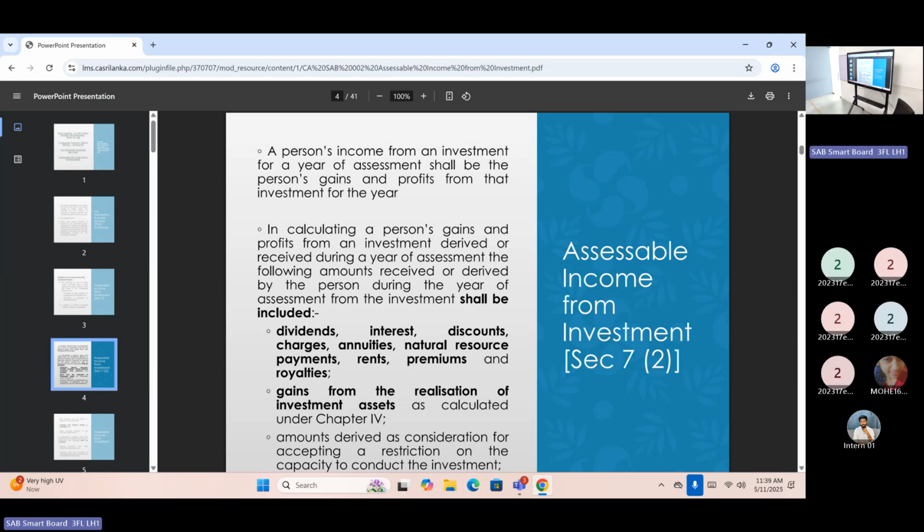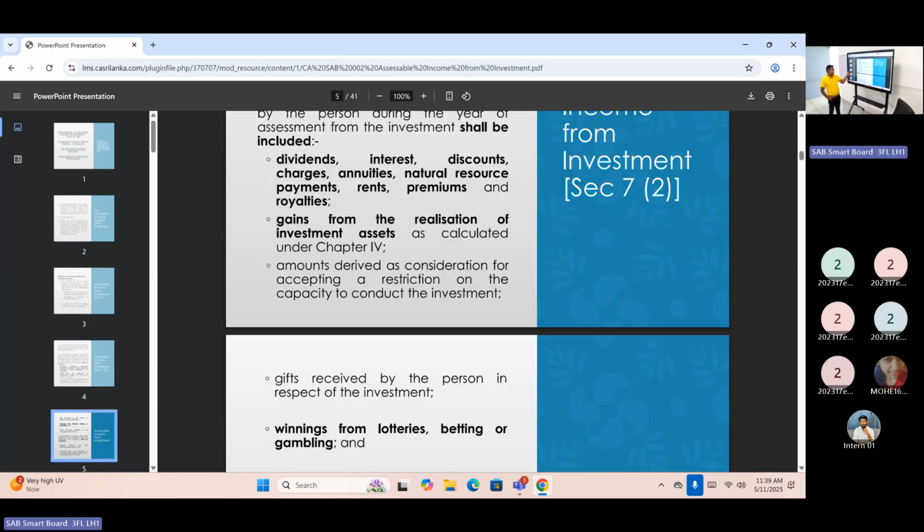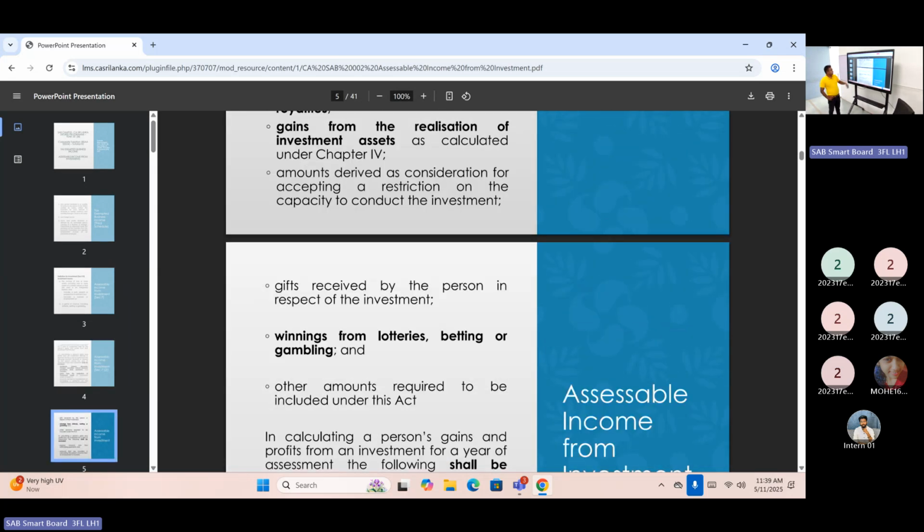Right? Amount derived as a consideration for accepting restriction on the capacity of the investment, that also needs to be included. Gift received by the person in respect of investment. Let's say we put money in a bank as an FD and we are getting a gift, that is also part and parcel of our investment.